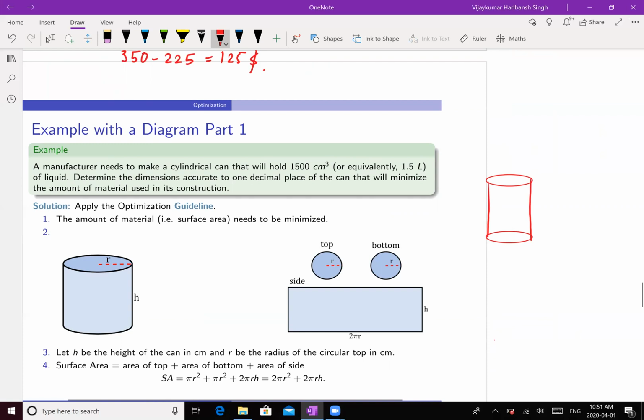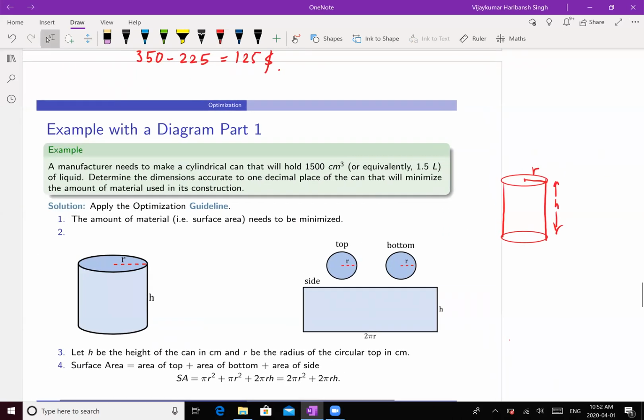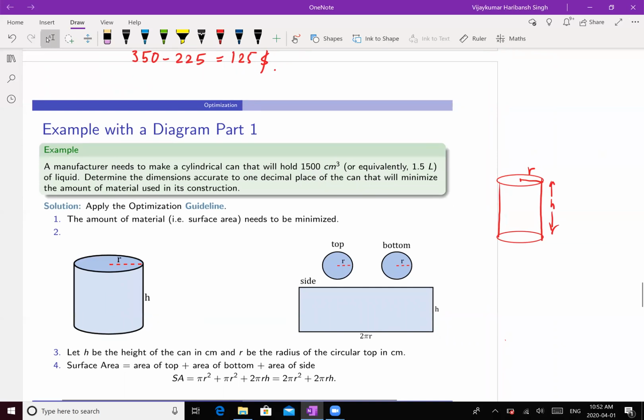What is the radius of the cylinder? The radius of the cylinder is, let's say, R, and the height of the cylinder is H. So this is from the question. You have to come up with the following diagram.